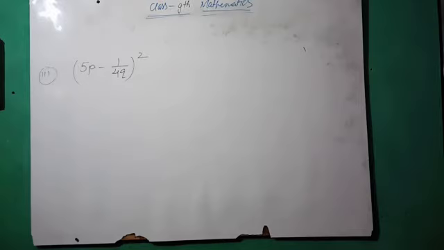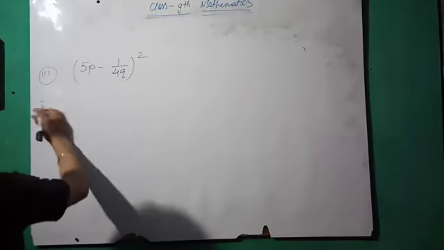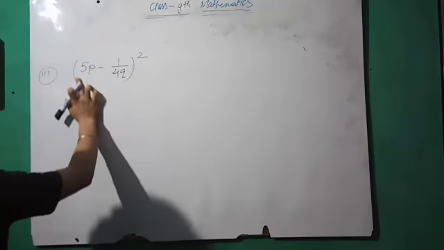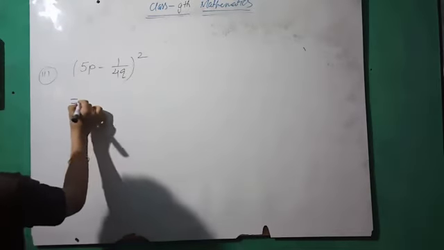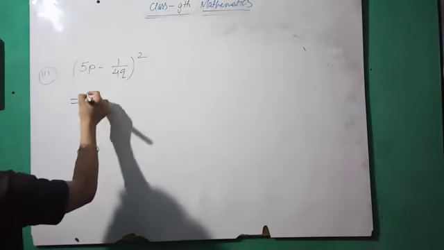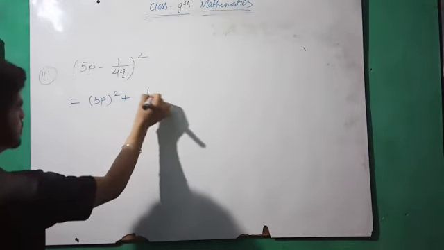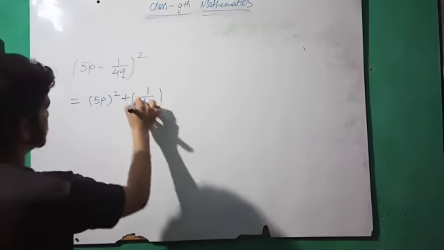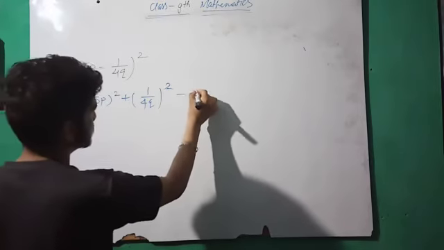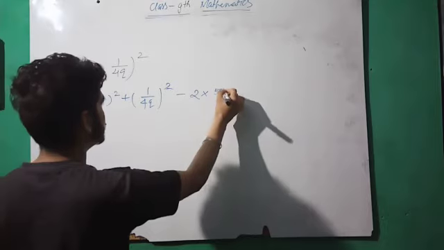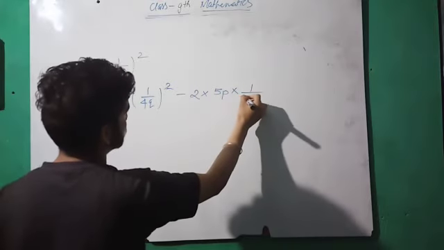Now third part, (5p minus 1 by 4q) whole square. Okay, so (a minus b) whole square is again a square plus b square minus 2ab. You have to remember this identity. a square is 5p square, plus b square, (1 by 4q) square, minus 2 into a into b, where b is 1 by 4q.